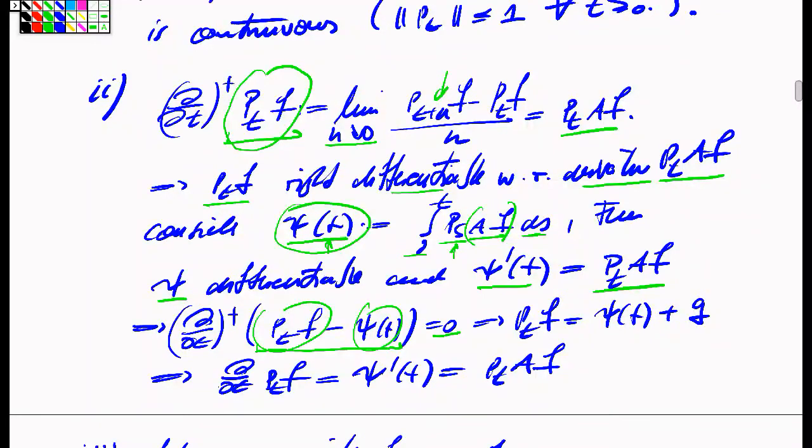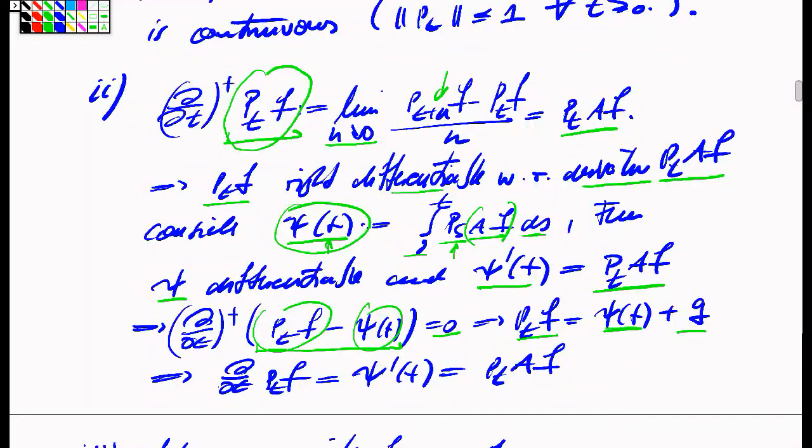But now I can use the fact that if I have two functions which are, for instance, continuous and have the same right derivative, then these two functions can differ with respect to the time parameter only by a constant. Here in this function space, that means these two functions differ only by a function which does not change over time.